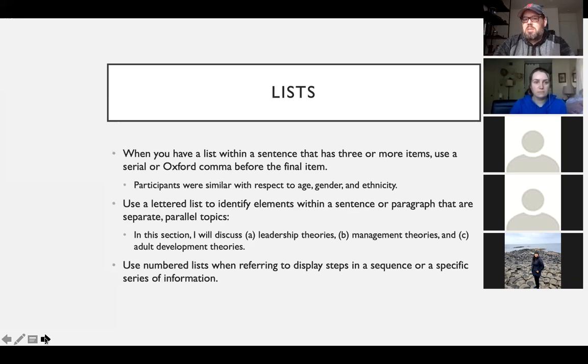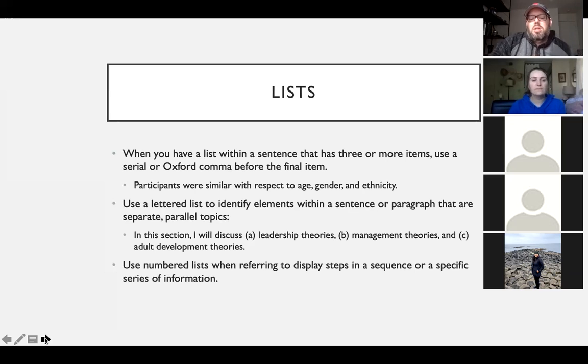All of these are different types of theories, and so they would all be categorized as a lettered list. And additionally, if we do a lettered list, it needs to be lowercase alphabetized within the parentheses. So that's one thing that you'll also want to note.